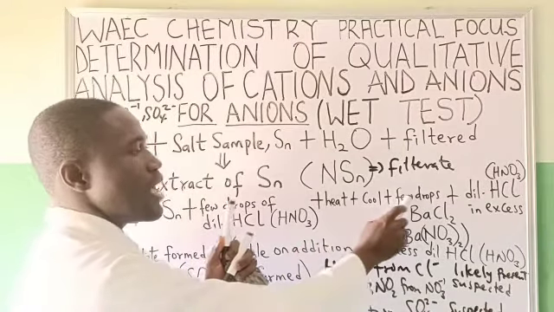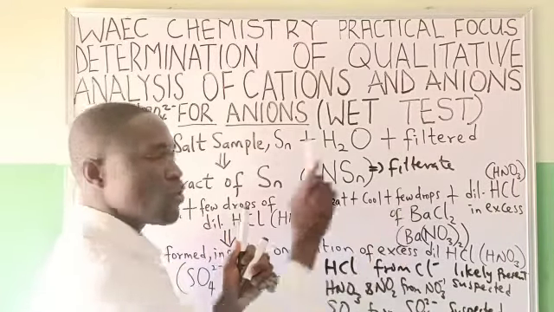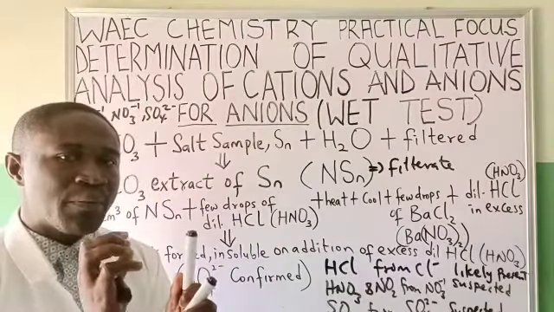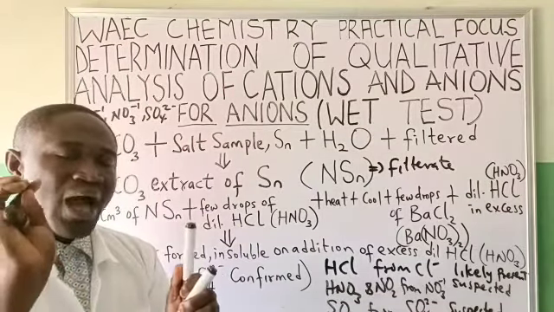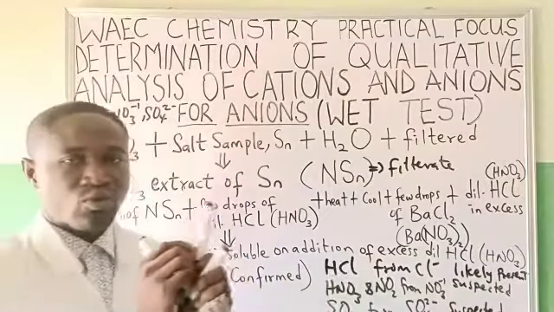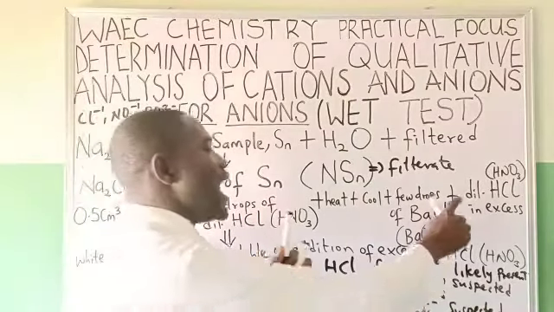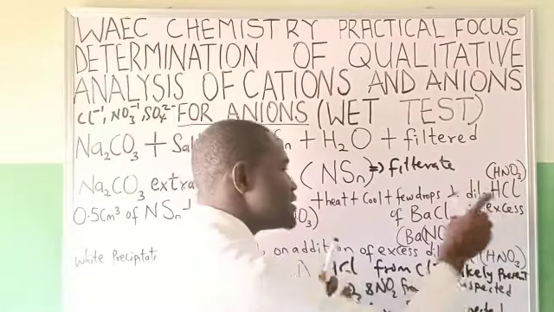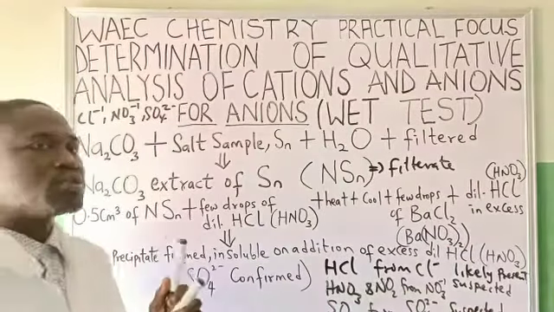On cooling, add few drops of barium chloride. Once you form a white PPT, like you added milk to water, that is how it will form. Then add dilute HCl in excess to check up something.